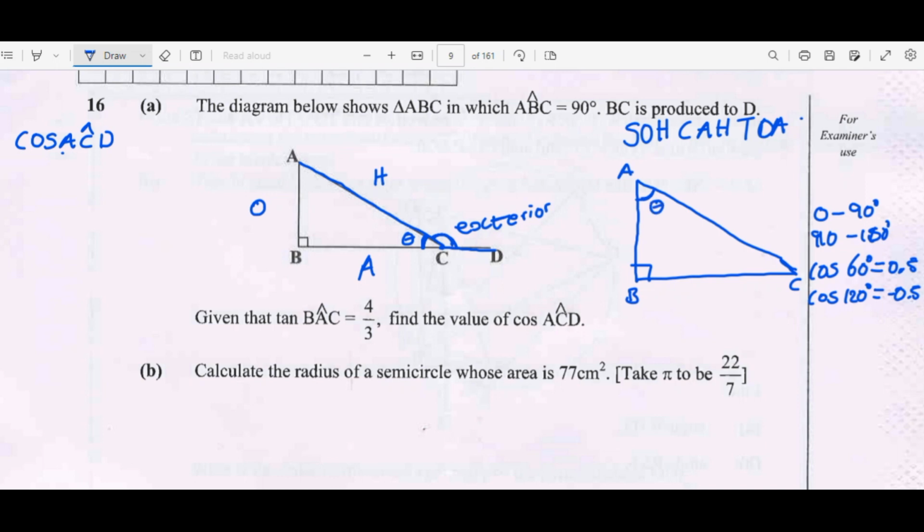So angle theta is here. Then this distance becomes the opposite. Then we'll have adjacent, hypotenuse. Now the TOA part states that tan theta is equal to the distance opposite divided by the adjacent.